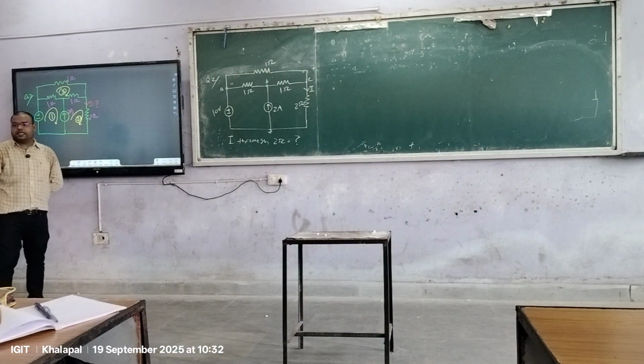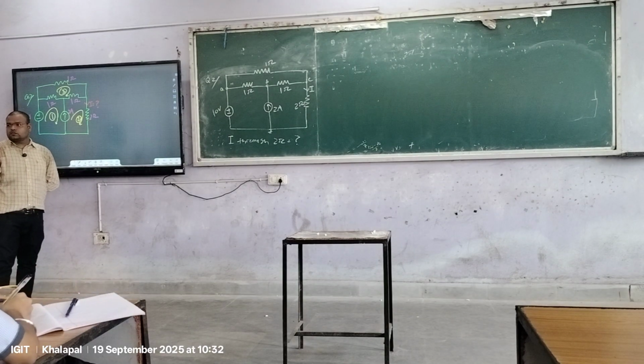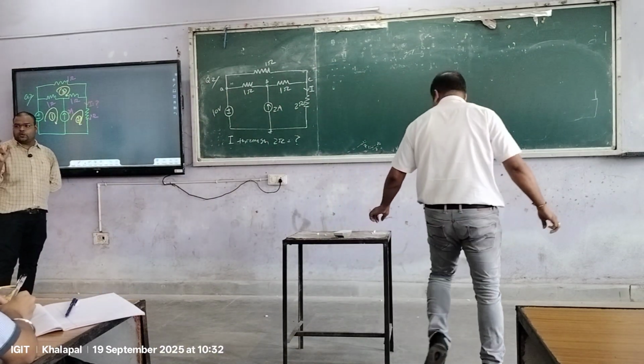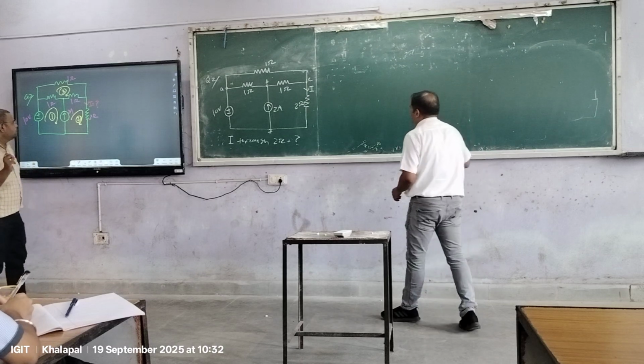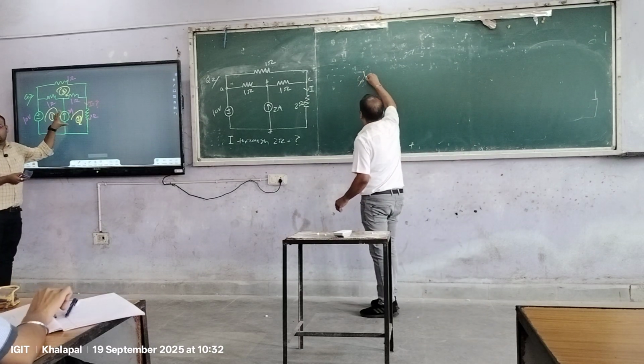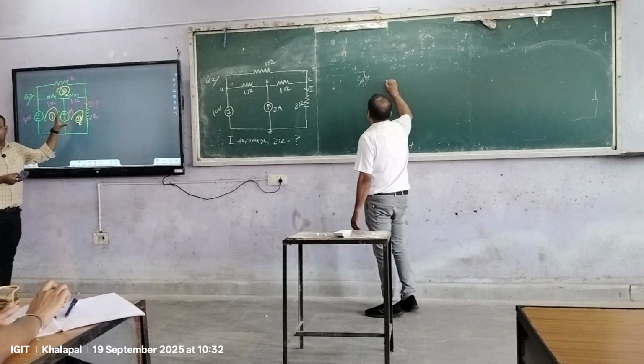Total 3 meshes. Yes or no? So how many equations can be formed? Obviously, a total of 3 equations can be formed. But here you see, in this 2 ampere source, is the voltage across it known to us?